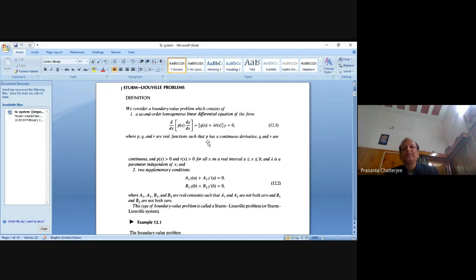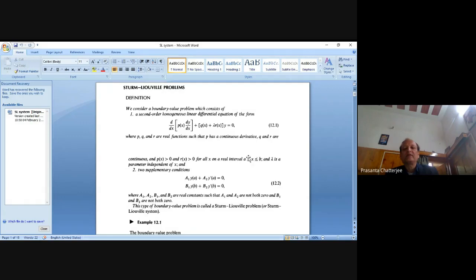So p has a continuous derivative, q and r are continuous. We also assume that p and r are both greater than 0 for all x on the interval [a, b].